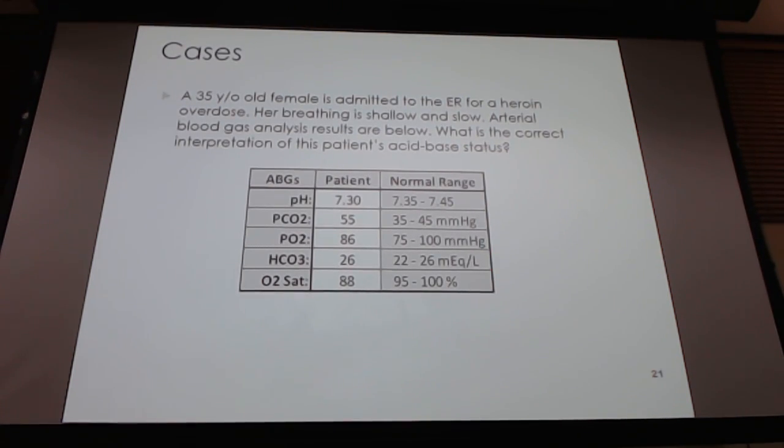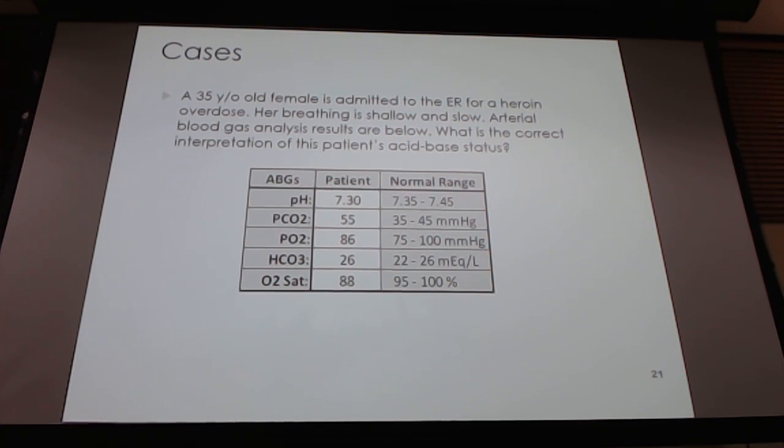Good. All right, 35-year-old female, heroin overdose. So she is probably hypoventilating. She's probably retaining CO2. So if you had to guess, would she be acidotic or alkalotic? Acidotic. Yep. It's counterintuitive in my mind too. But as the acidity goes up, that pH drops.